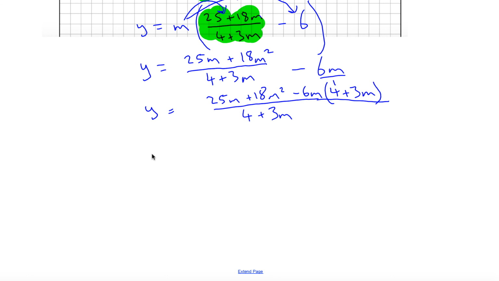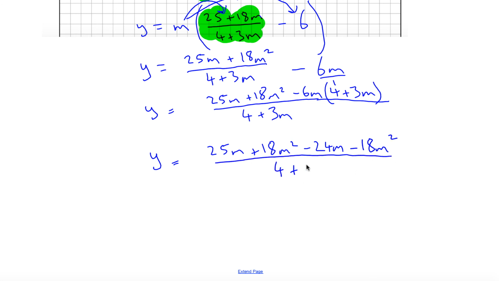So a bit more tidying up to do. I've got y is equal to 25m plus 18m squared. Minus 6m times 4 is minus 24m. Minus 6m times 3m is minus 18m squared. All over 4 plus 3m.